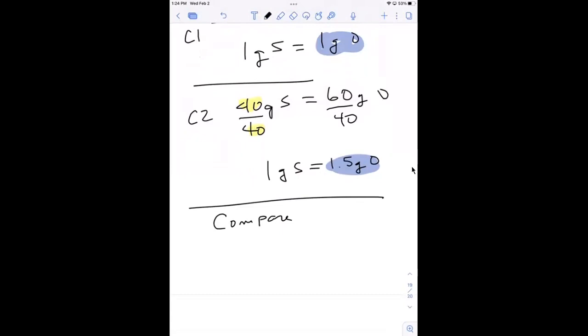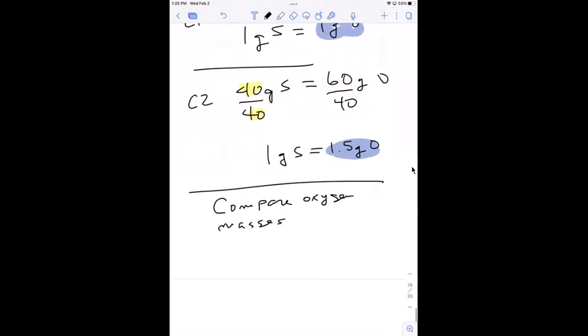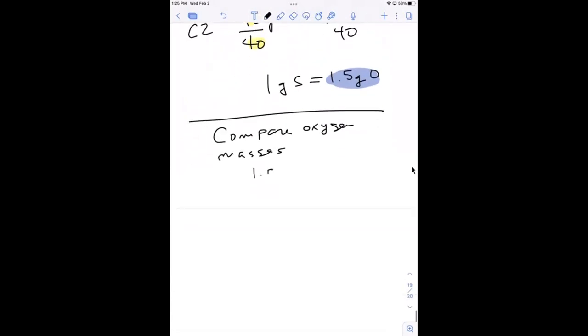So let's do that. Compare the oxygen masses. We'll put the bigger number on top, 1.5. It doesn't matter, but over 1.0 gram of oxygen.